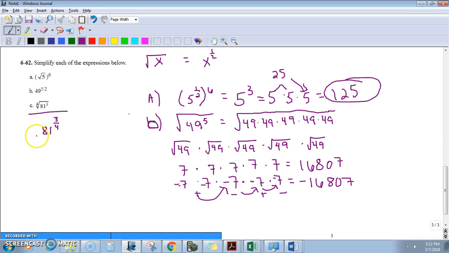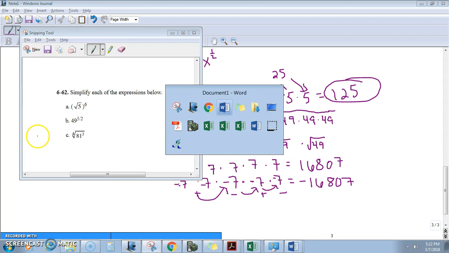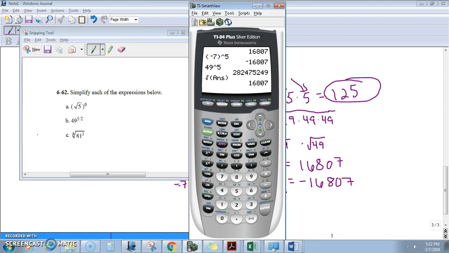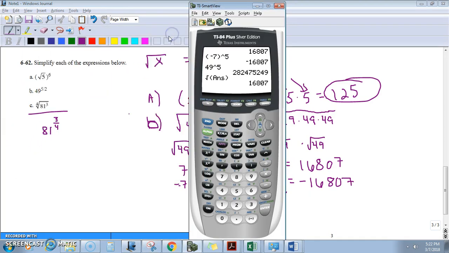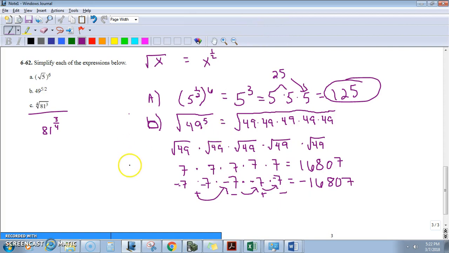And we can just put that in the calculator. But here, remember, we want to have 81 to the power of, and we want to make sure, especially in these old-timey calculators, that 3/4 is in parentheses. 27. Okay, so C equals 27.